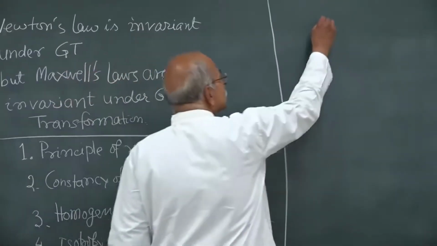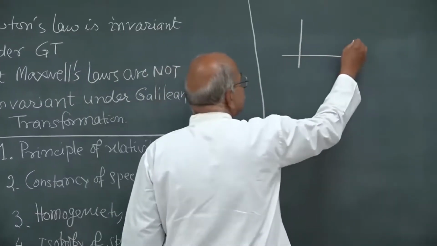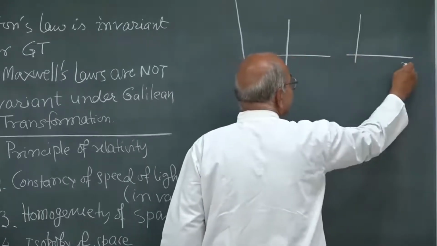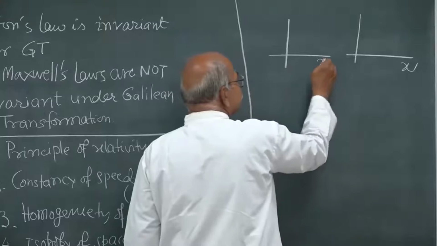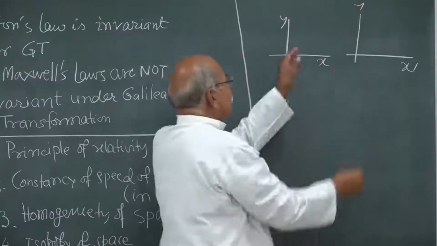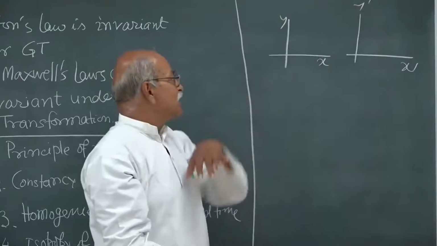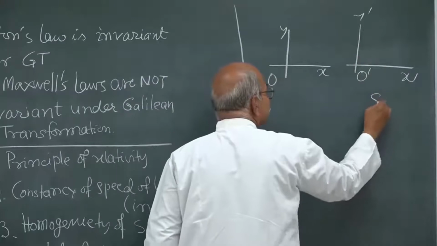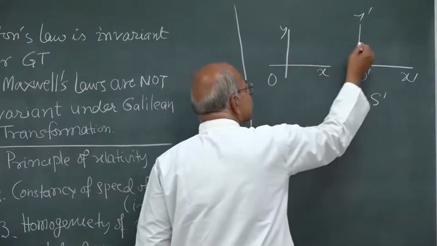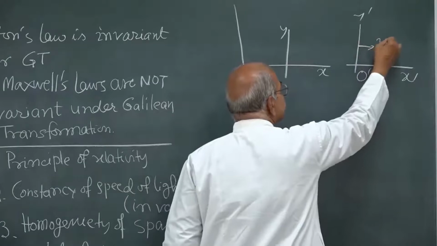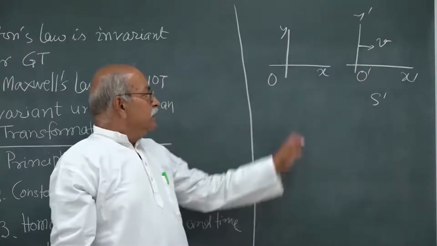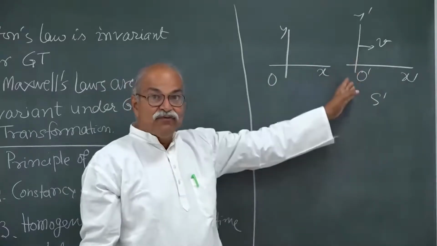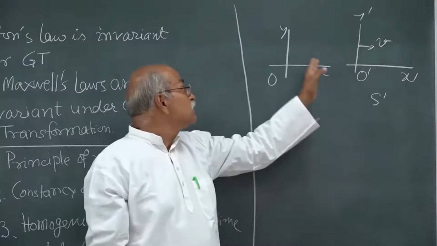You have two frames S and S prime, and the x axis and x prime axis are identical on the same line, y and y prime are parallel, z and z prime are parallel, the origin here, and S prime will move with respect to S with a velocity v in the positive x direction. That will be our definition of S prime.